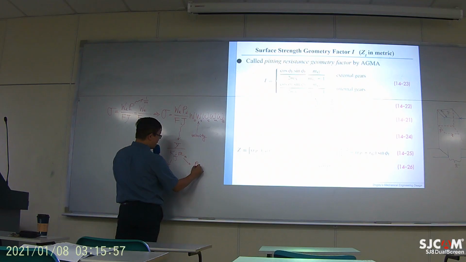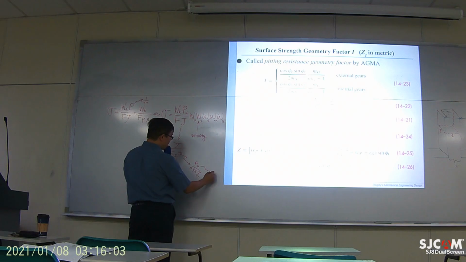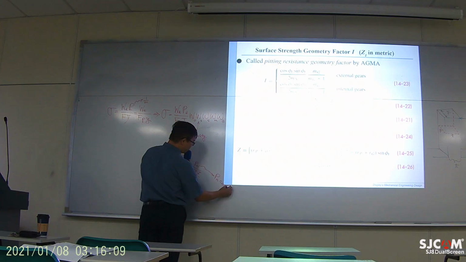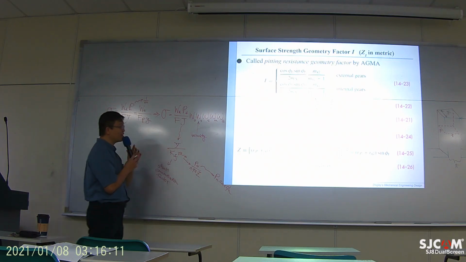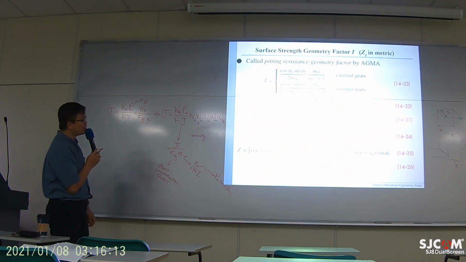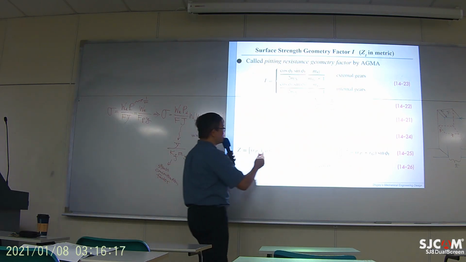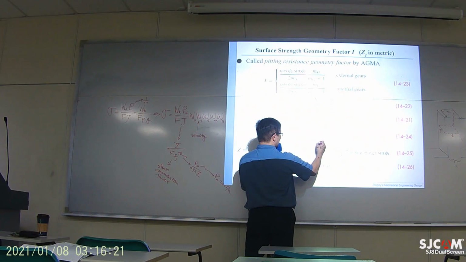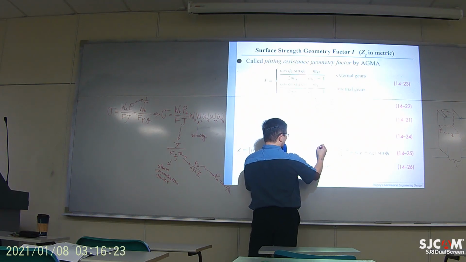And Mn is Pn over 0.95 times Z, and Pn is small p n times cosine phi n. Okay, so right here, this should be pitch along the normal direction.